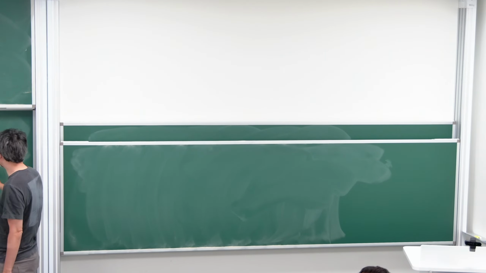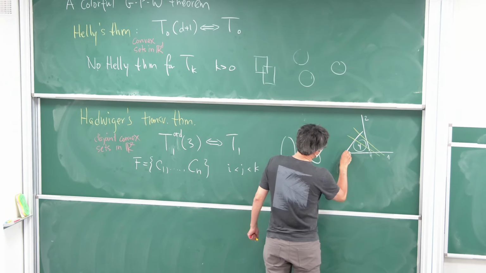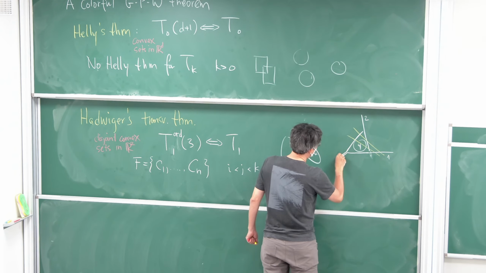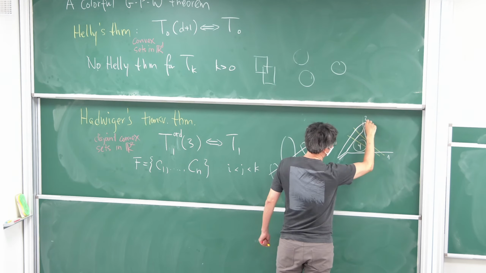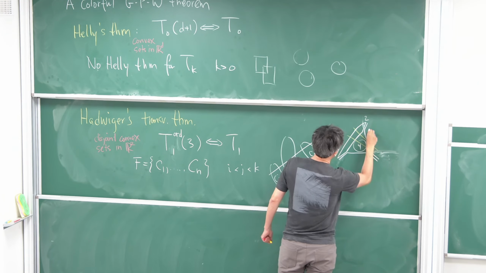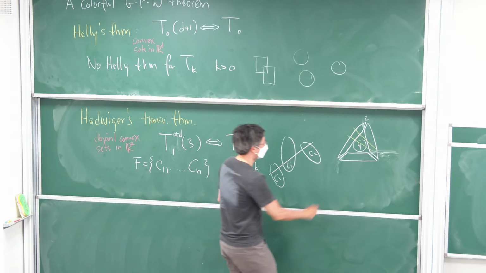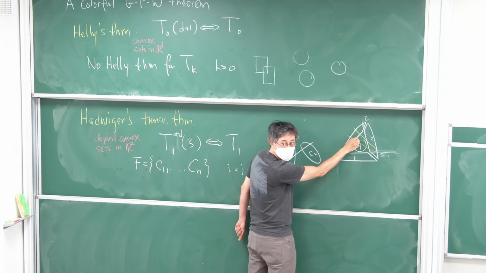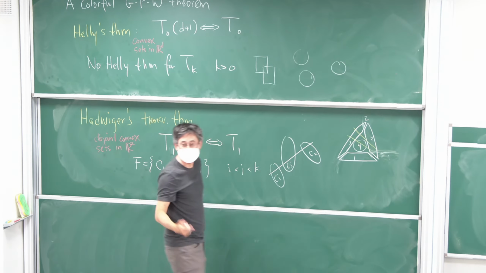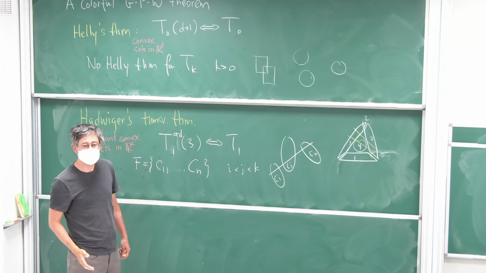What am I missing? 1, 3, 4. Oops. Do I have 1, 3, 4? I don't. Let's make them come like this. Now it's very symmetric. Okay? Yeah. 1, 2, 3. Now I can get 1, 3, and 4.